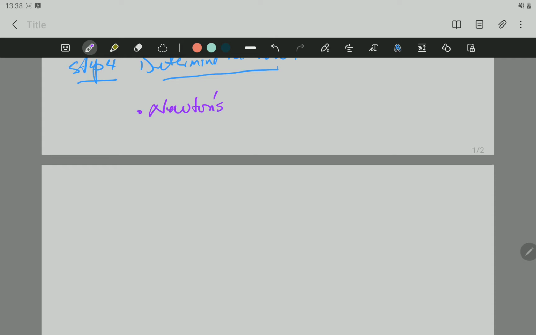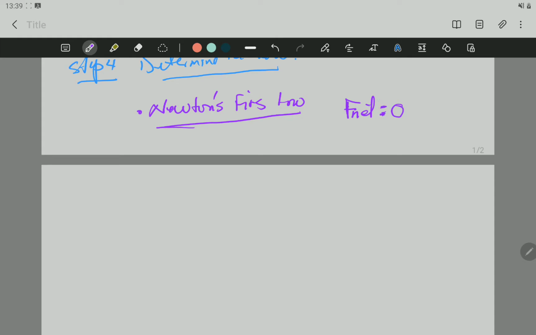Newton's first law. What does Newton's first law state? It states that an object will remain at rest or moving with constant velocity unless an unbalanced net force acts on the object. In other words, the net force is equal to 0.